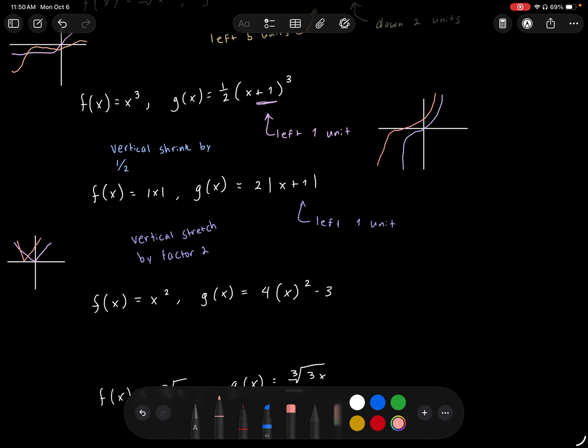Don't look at that as it's getting narrower. It's not what's going on. I just tried to line it up, and I did pretty badly. But it's stretching by a factor of 2, and it's moving to the left 1. It's getting a little thinner. I mean, stretching.